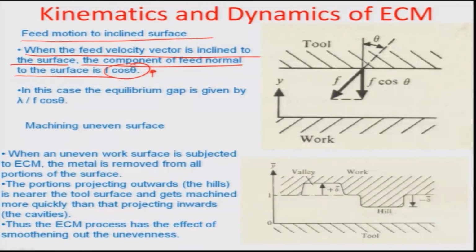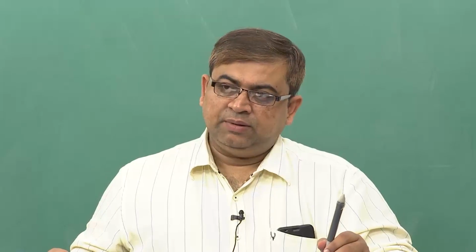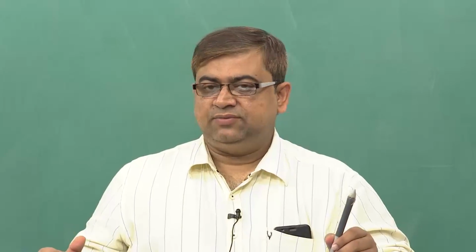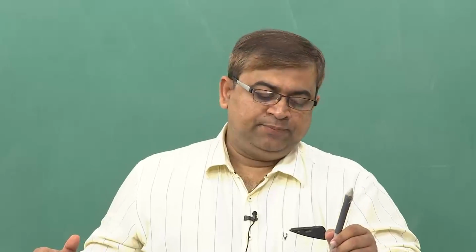In this case the equilibrium gap, instead of lambda by f equal to ye, changes to lambda by f cos theta. This is the component of the feed if the electrode is moving at an angle theta. It is the component of the feed perpendicular to the electrode surface that we assume to be the actual feed.